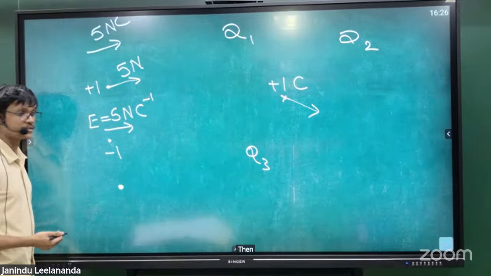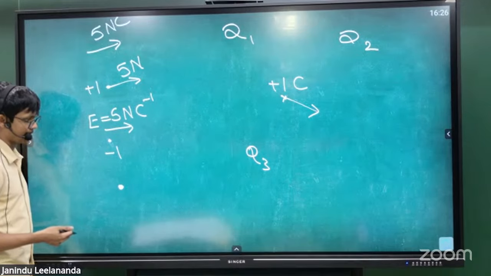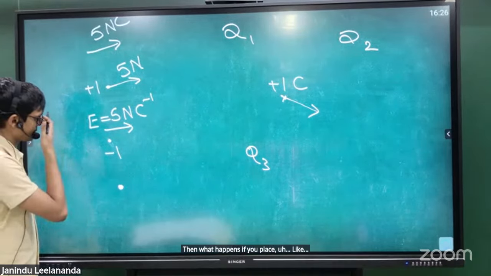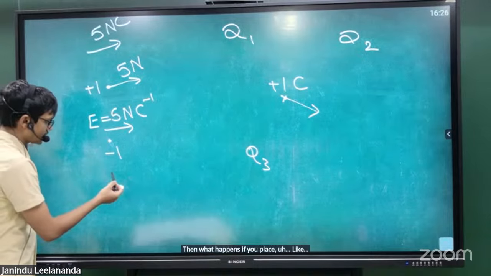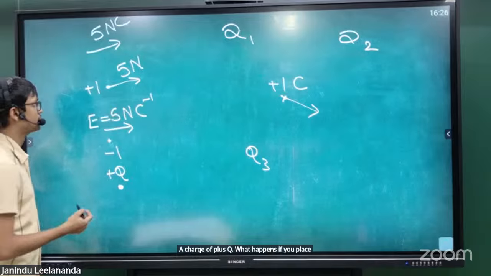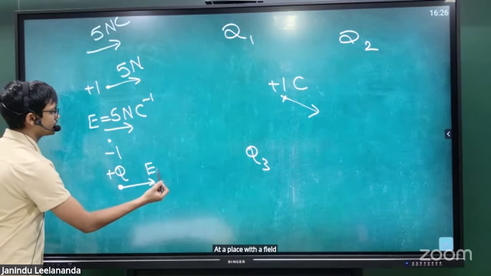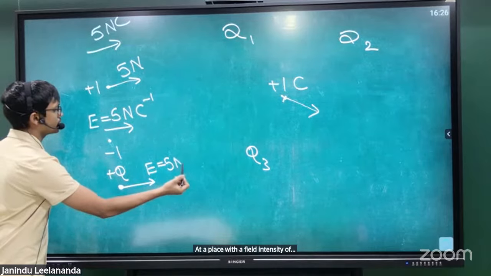Then what happens if you place a charge of plus q at a place with a field intensity of 5 Newton per coulomb?